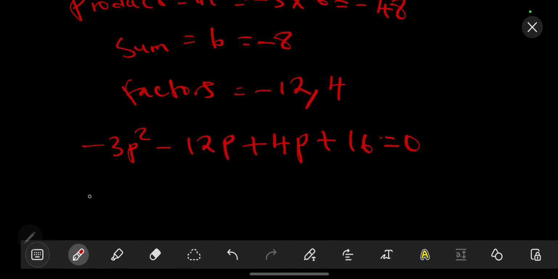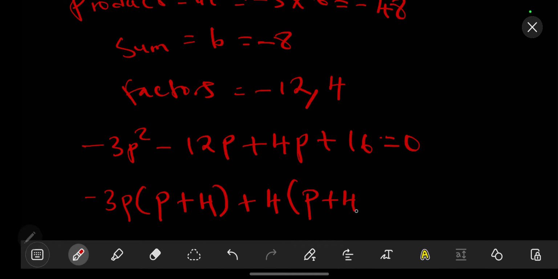So we factorize: negative 3p is common in the first two terms, and we are remaining with p plus 4, because negative 12 divided by negative 3 is 4. Then in the last two terms, 4 is common, and we are remaining with p, and 16 divided by 4 gives a positive 4, which should be equal to 0.